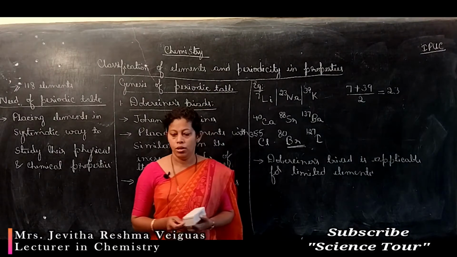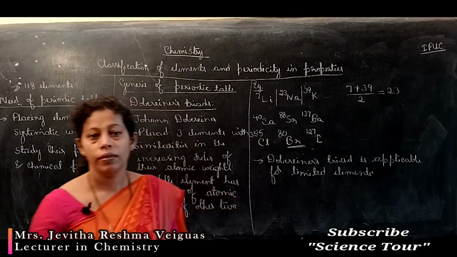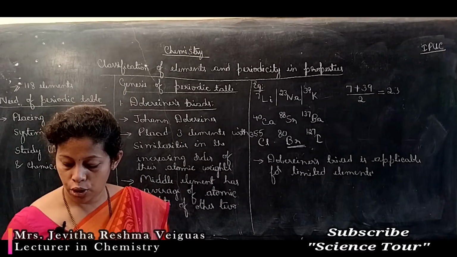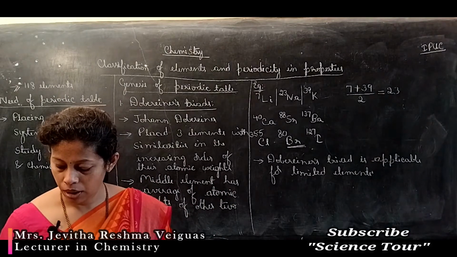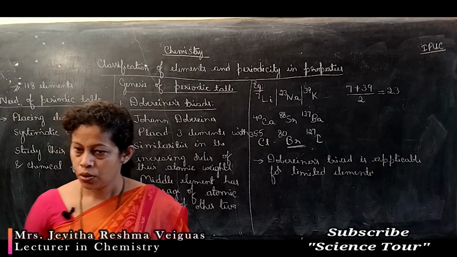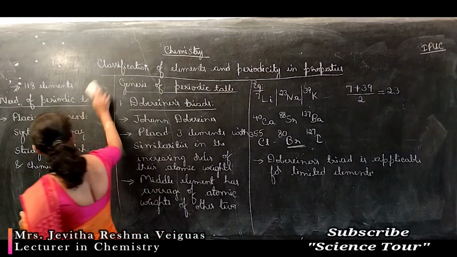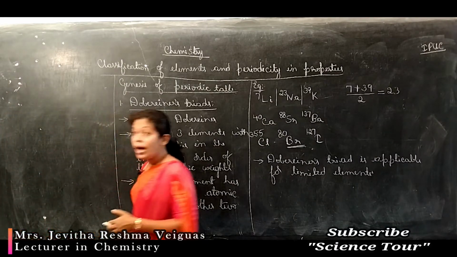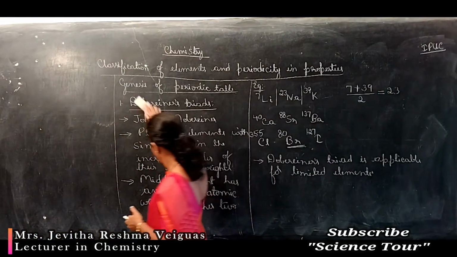After that, one more scientist, John Newlands, gave a periodic table. So now let us study the periodic table given by Newlands, which is called Newlands' law of octaves.